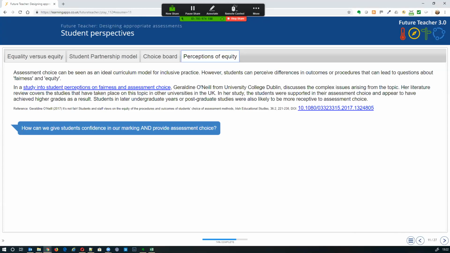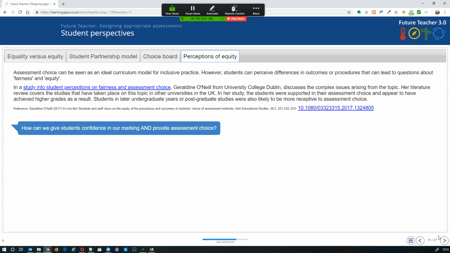And maybe it's time to relook or plan them in formative assessment stages so that students get a bit more assessment for learning into the system. But yes, another good link to research on how students perceive equity.